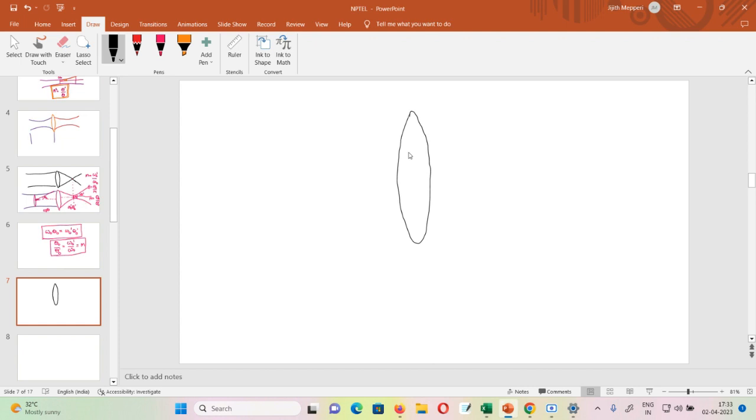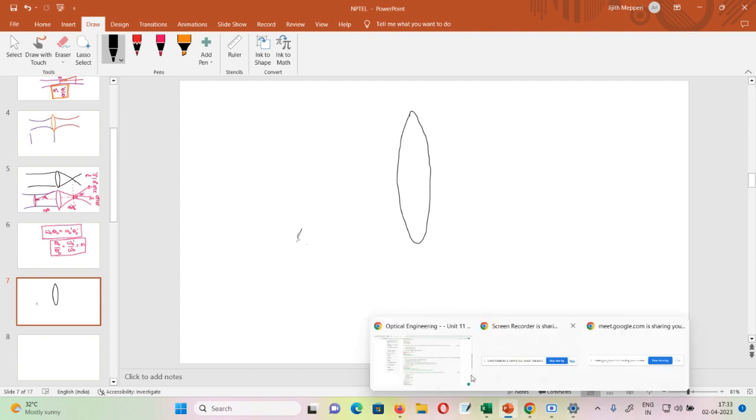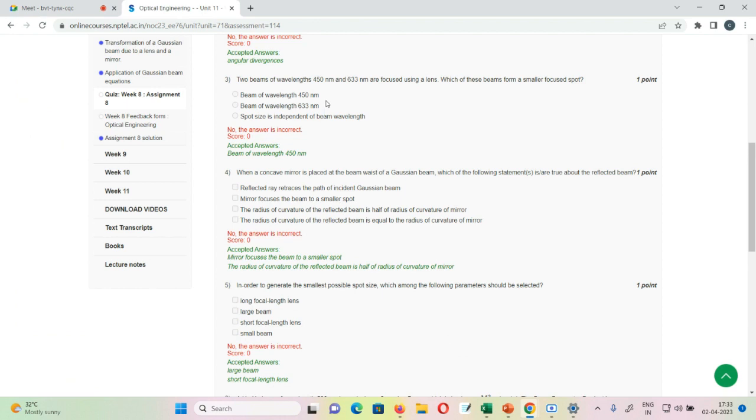So what are the beams? One is 450 nanometer and the other is 633 nanometer. Around 450 is some blue region, and 633 is some red.